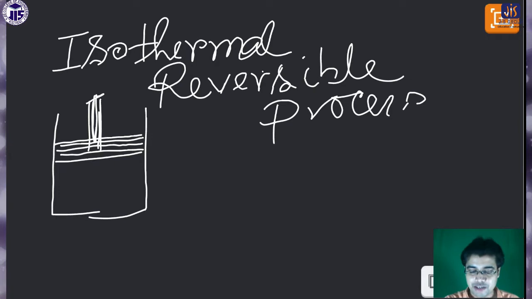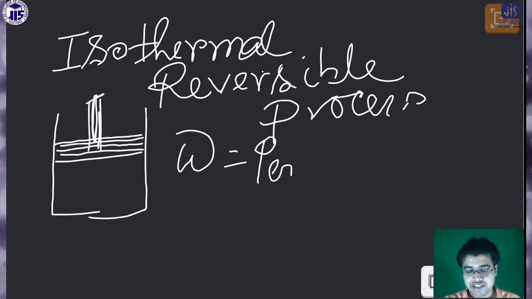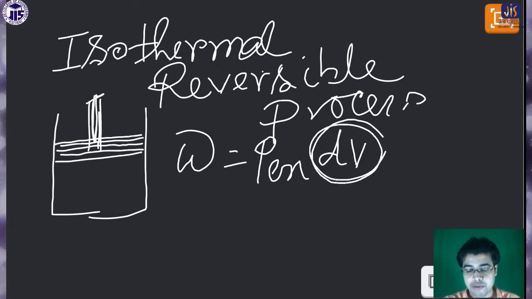I already discussed that W is equal to P_ex into dV. Now the question arises: if you think about the reversible process, what will be the dV? dV is the change of the volume in very small, infinitesimal stages. So if you consider very small stages, normally we do integration, that means the summation of all stages.